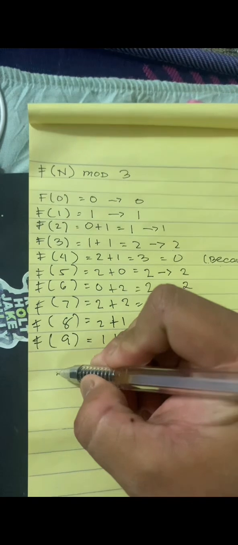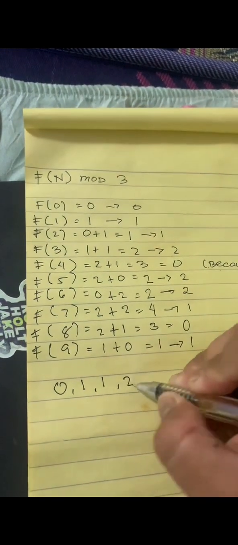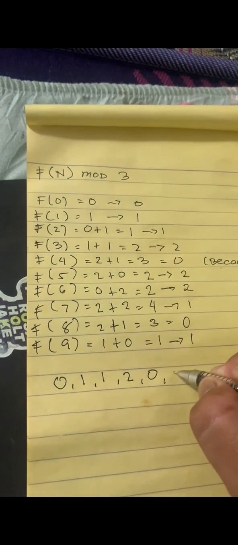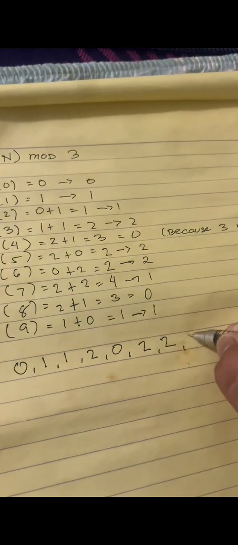So this is the pattern right here. We can rewrite our pattern, which is 0, 1, 1, 2, 0, 2, 2, 1, 0, and then 1, and so on.